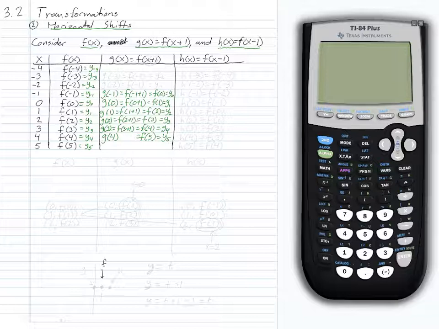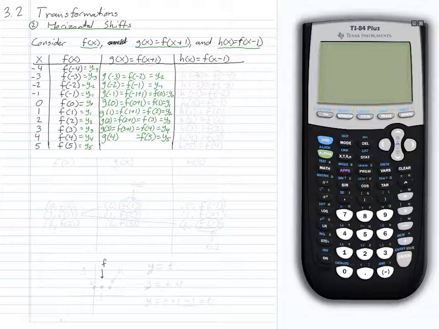So we can keep going in that fashion. g of -2 is equivalent to f of -1. g of -3 would be equivalent to f of -2, which is y-2.